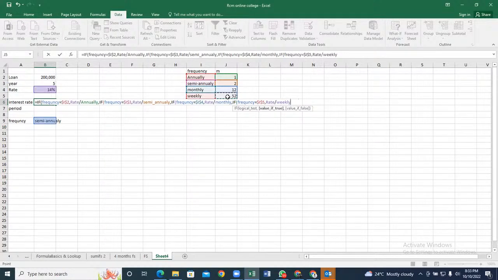Then if it does not meet all those conditions, then it should give us an empty cell. So what did we say about the empty cell that we expected to return to us?